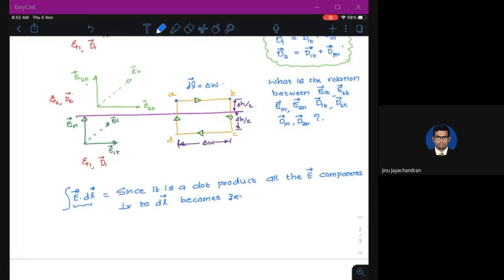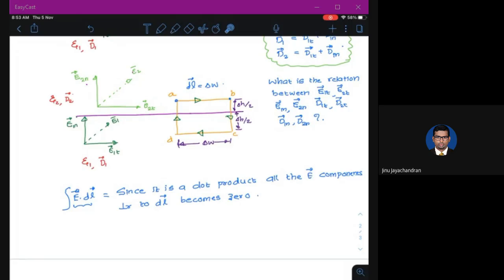What do you mean by that? If you consider E2t, the tangential component E2t, this is parallel to this dl, right? Because both are in the same direction. So if you do E2t dot dl, then it is magnitude of E2t into magnitude of dl, which is delta w, multiplied by cos 0, which is 1.